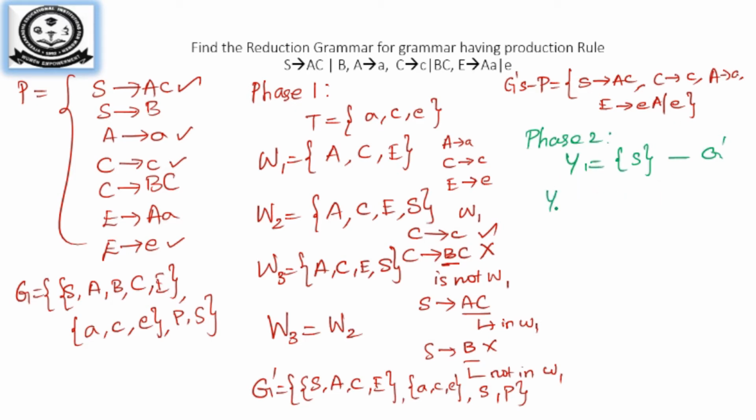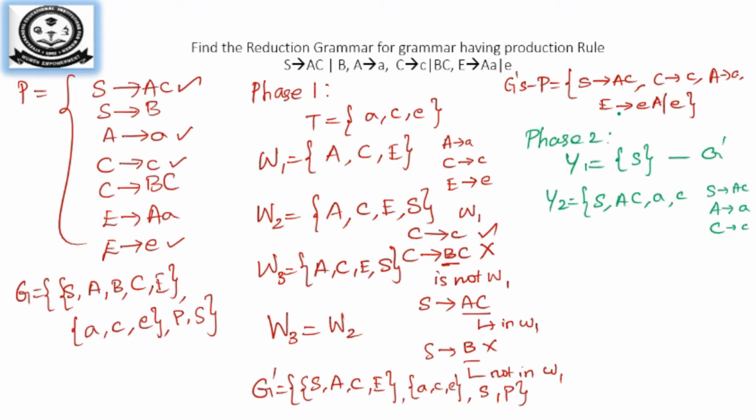So first Y2, which will have S, A, C, because S tends to AC, because of that rule. Next thing is A implies, what A implies? A is a terminal symbol, so you will have A implies A. Similarly, C implies C alone, small c, so you will have a terminal symbol C also.